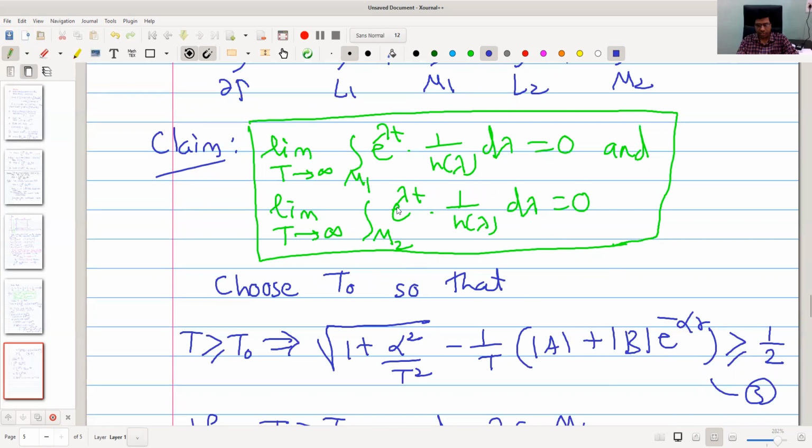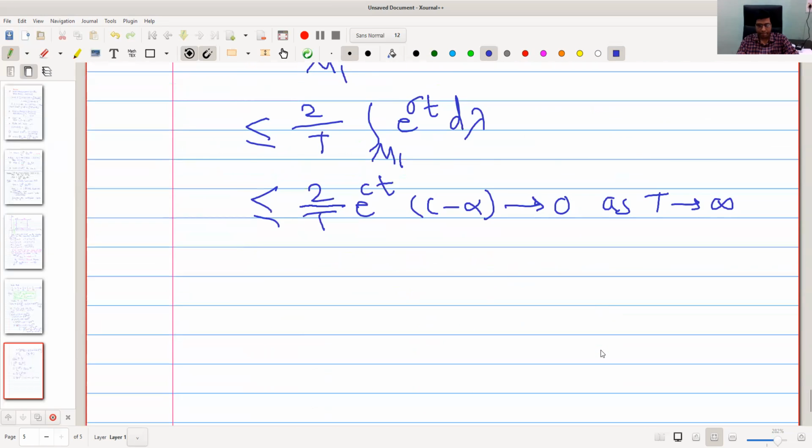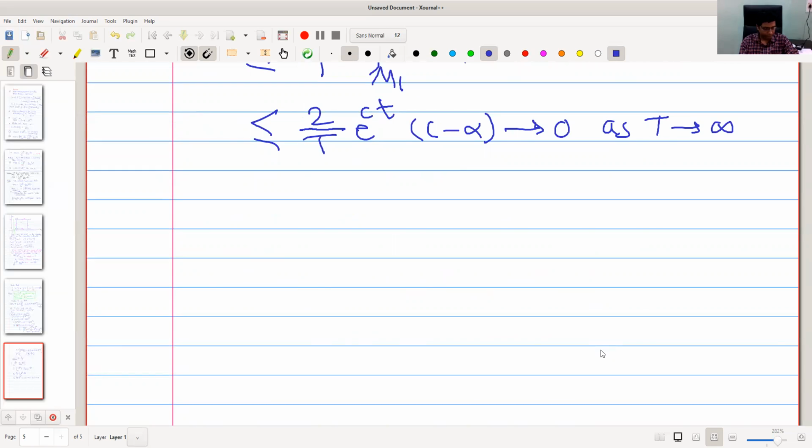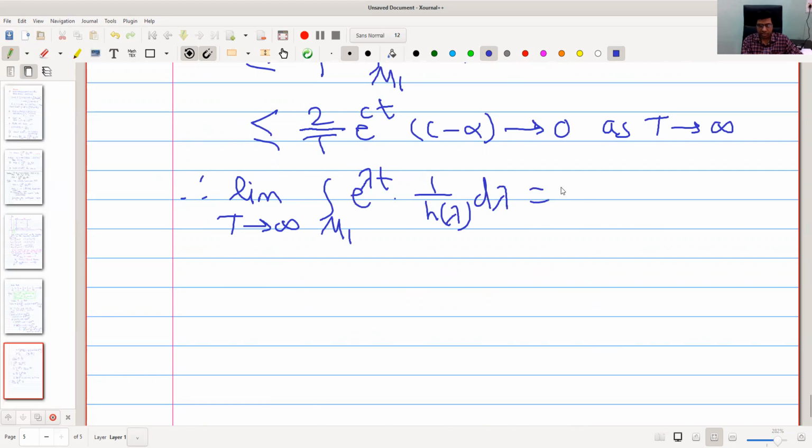Okay, so the second part is similar. We will not prove this second part. Therefore the limit as t tends to infinity of the integral over the line m1 of e raised to lambda t into 1 upon h of lambda d lambda is 0. Similarly, in a similar way we can prove that the limit as t tends to infinity of the integral along m2 is also 0.